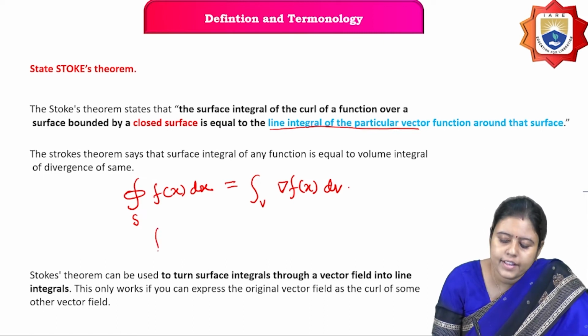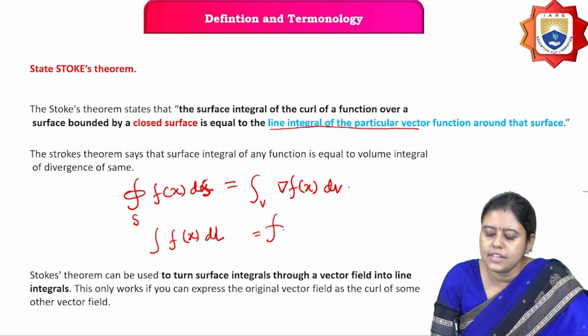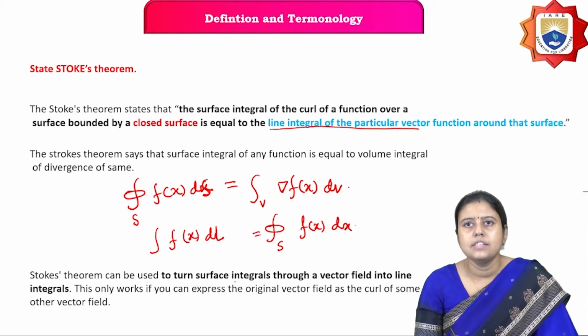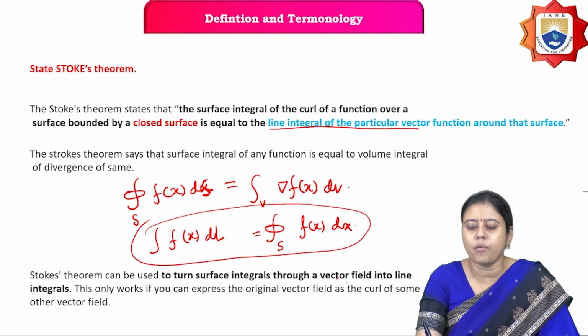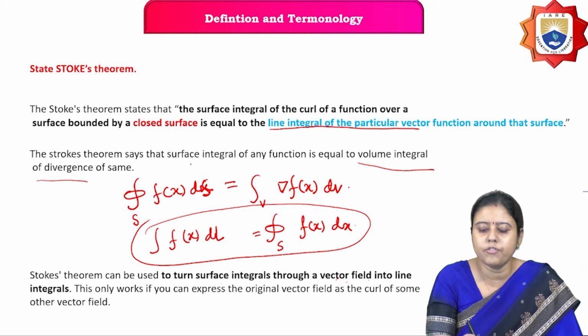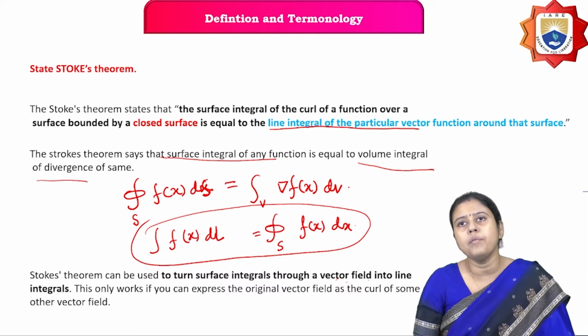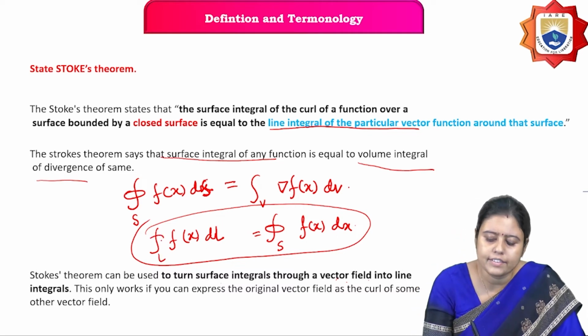Or we can write the line integration of f dl is equal to the surface integration of the curl of f dS. So the theorem can be used to turn the surface integral of a vector field into a line integral, or to change the volume integral of the divergence into a surface integral. Using these theorems, we can change one integration level to another.